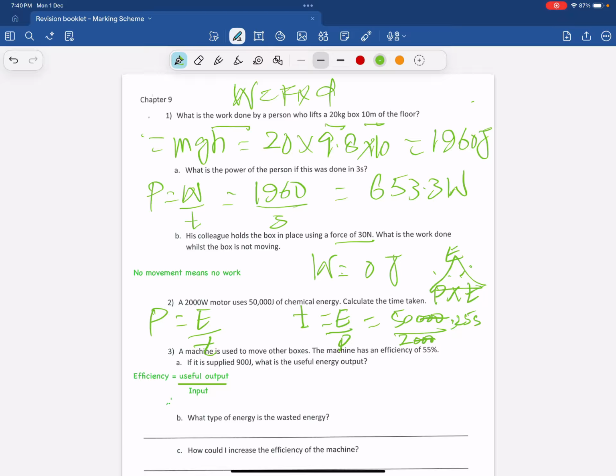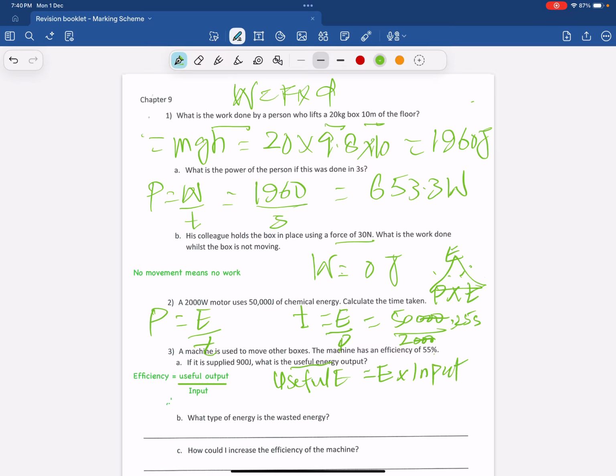Now next question, if you see that a machine is used to move other boxes, the machine has an efficiency of 55%. If it is supplied 900 joules, what's the useful energy output? I've already written the formula of energy efficiency, which is already given in your formula sheet. So now they're asking here useful energy. So useful energy is equal to efficiency times input.